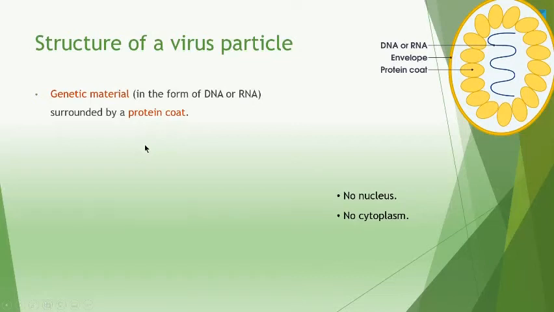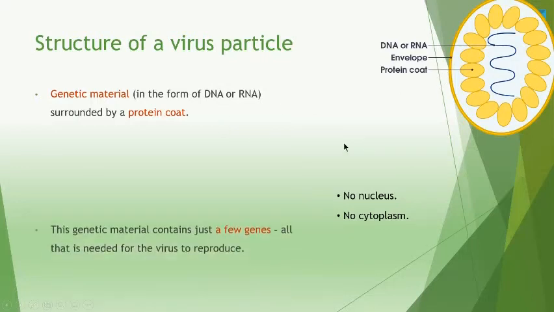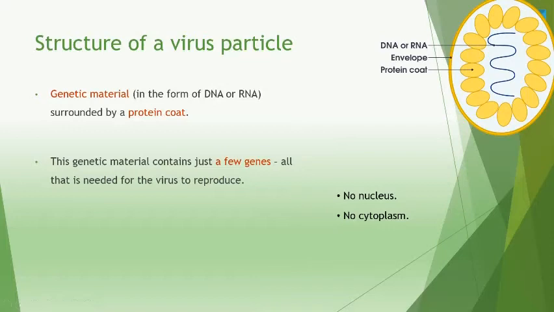They have genetic material in the form of DNA or RNA, which is right in the middle, like a squiggly line, and it's surrounded by a protein coat, which you can see here. This genetic material contains just a few genes, all that is needed for the virus to reproduce. They can't move, they can't excrete, they can't nourish, they only reproduce themselves.